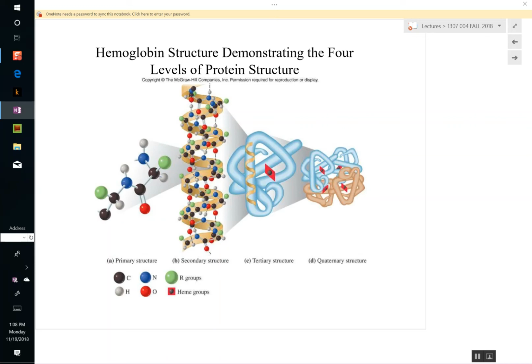When those R groups twist and turn it into a certain configuration because of the R group interactions, now you're at the tertiary structure. And then this would be the hemoglobin example, where you have 4 protein molecules making up hemoglobin.